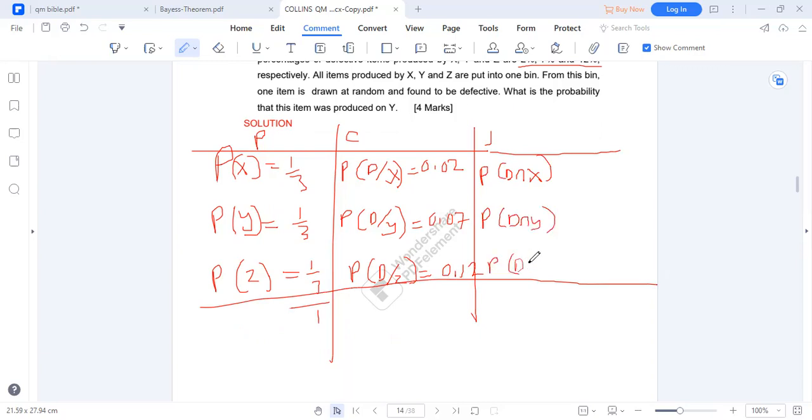D intersection Z. If I total them up, the common denominator is what? D. So they'll ask us what is the probability of the defective. All right. So let's multiply this one times that one. What do we get? 1/3 of 0.02, 1/3 of 0.07, 1/3 of 0.12.